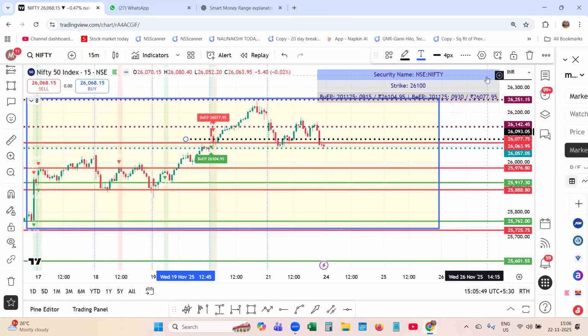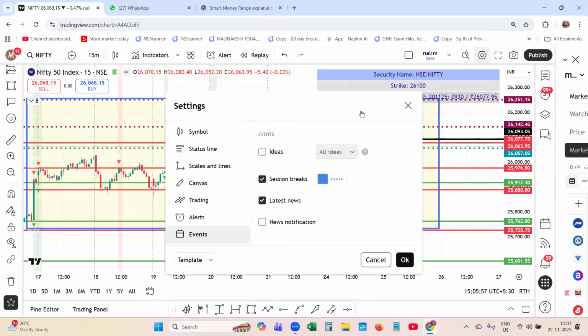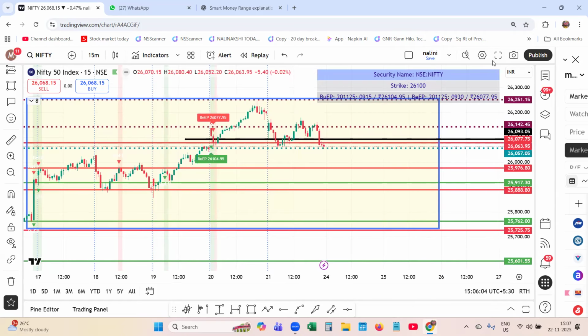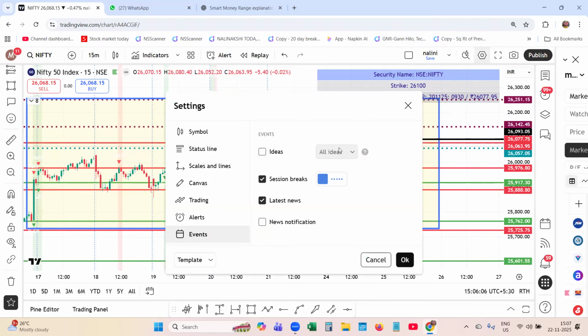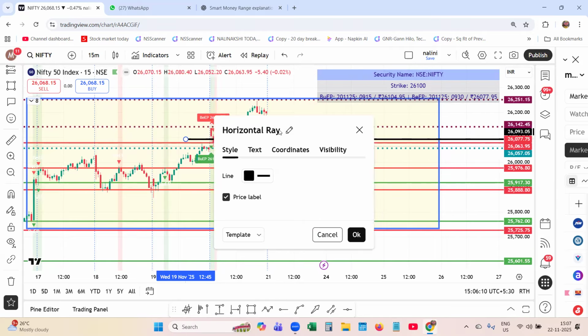Let me pick black color and make it a line. 26,077. Let me go to the coordinate because, see, sorry. Why is it showing this one? Because this one, 26,077.